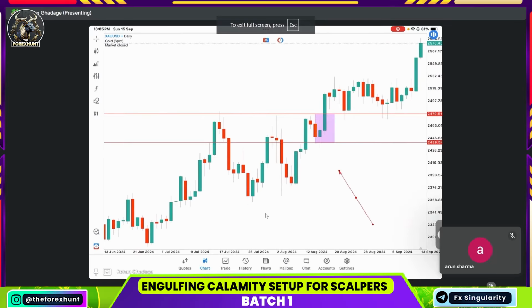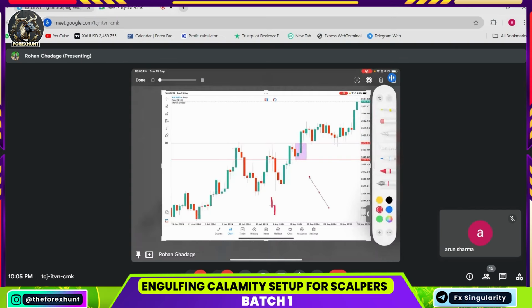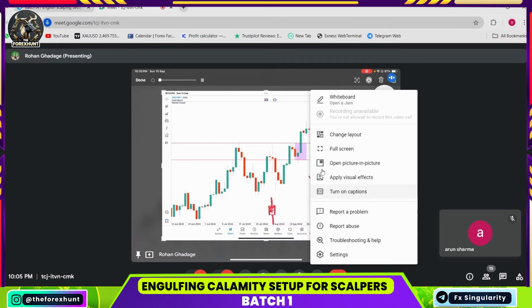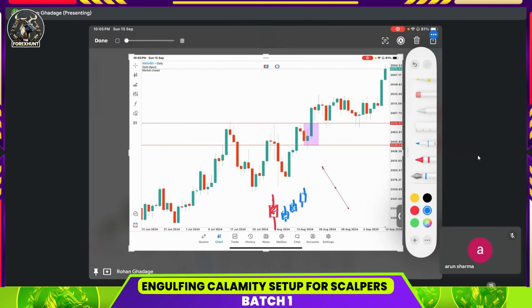For example, let's suppose we have a red candle like this, and these are the number of blue candles engulfing the red candle like this. Until the body of a blue candle closes above the box, you cannot consider it a proper engulfing buy. All candles need to be the same color, only blue. Only blue color should be favored.